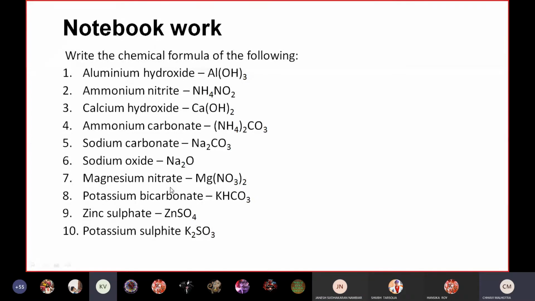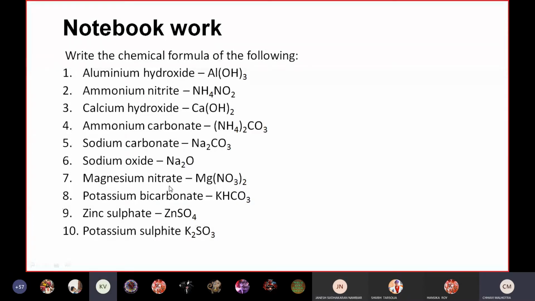Magnesium nitrate. Magnesium symbol is Mg. Nitrate is NO3. Now see students, nitrite is NO2, nitrate is NO3. So please read carefully whether the question is saying nitrite or nitrate. Valency of magnesium is 2.